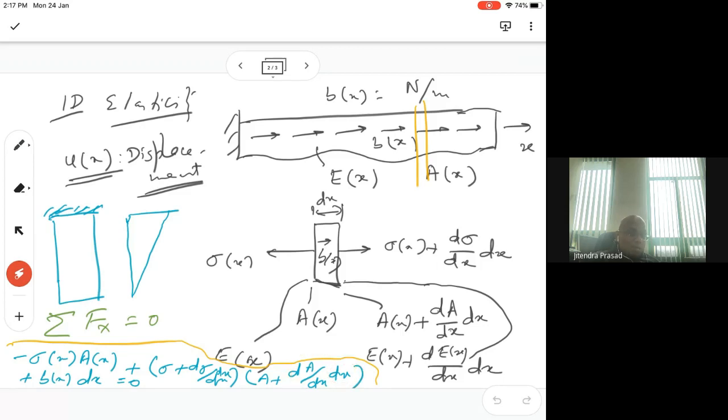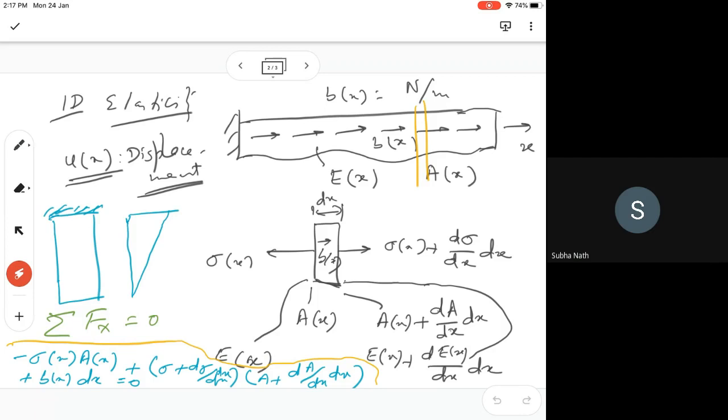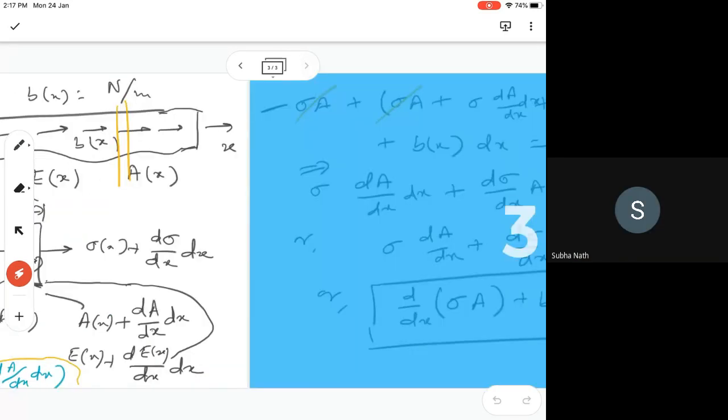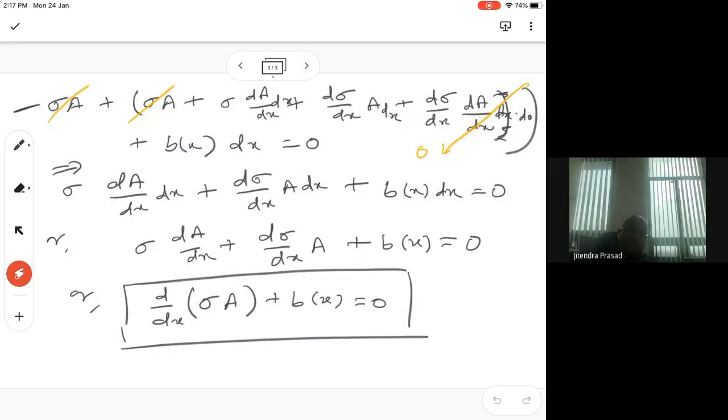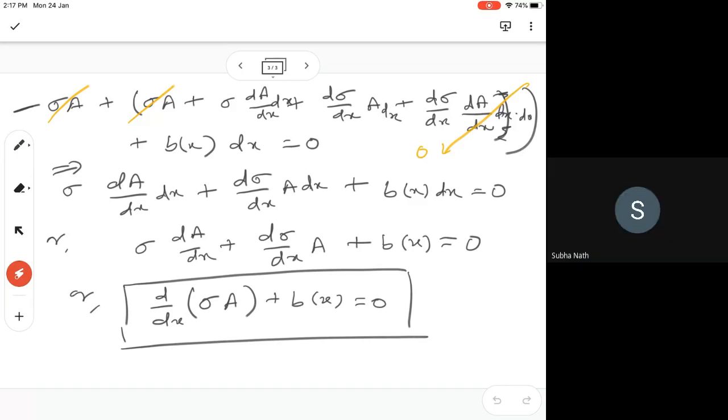So d sigma over dx may not be small, but we have dx here and dx here. If you multiply both, that becomes negligible. You have delta square order, so that is negligible, and hence we got it.